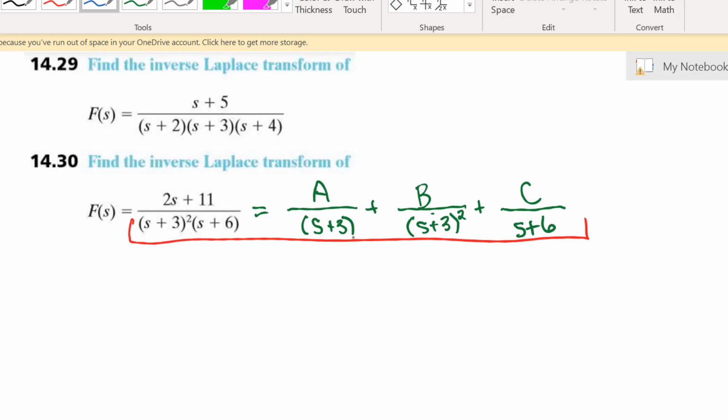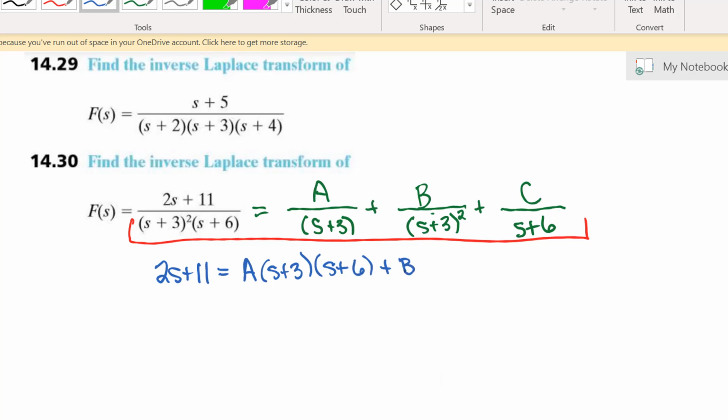So the least common denominator is the denominator on the left-hand side. So if I multiply by this, I'm just left with 2s plus 11 equals a, and then I'd have one factor of s plus 3 left, and then an s plus 6.